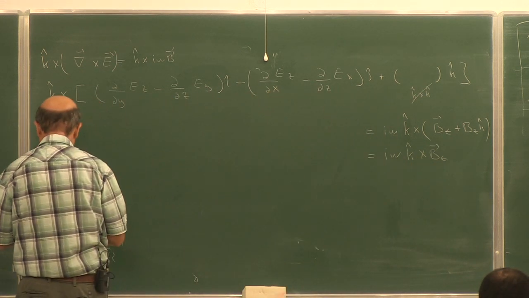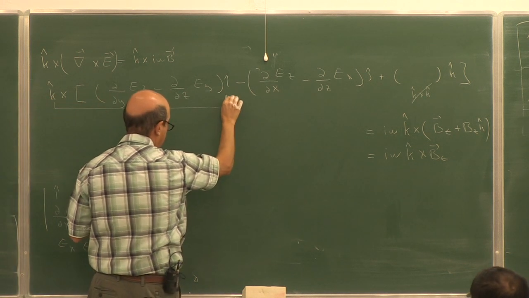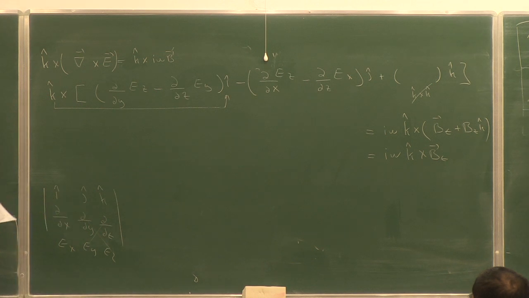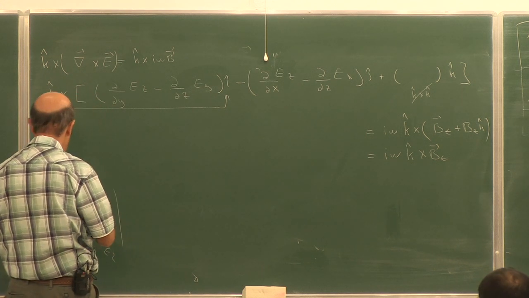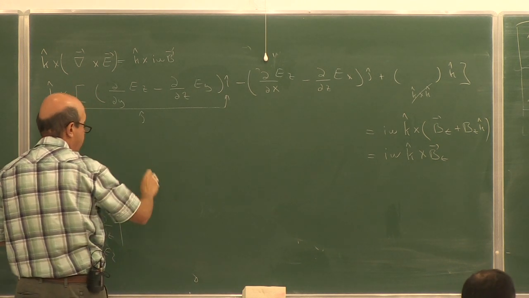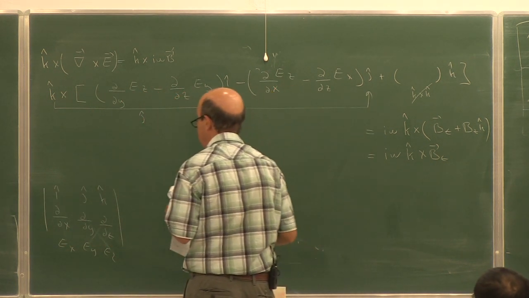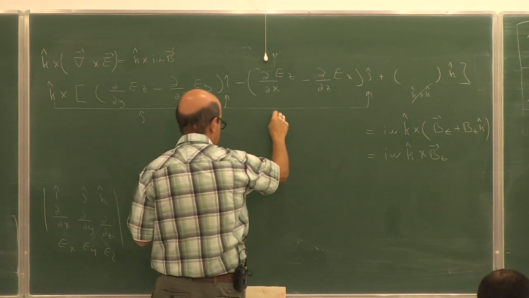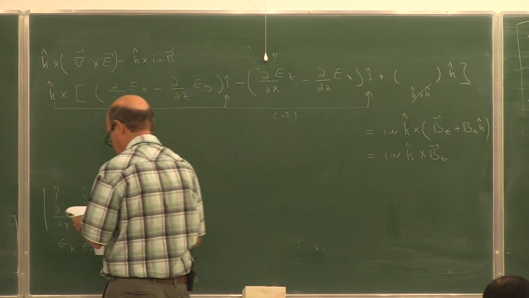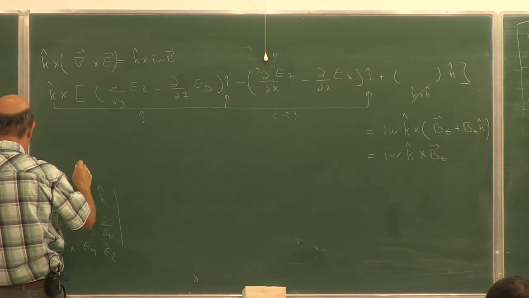And for the left hand side, what is k cross i? j or minus j? j. And k cross j? Minus i. So use the cyclic rules. Let me go one more step.